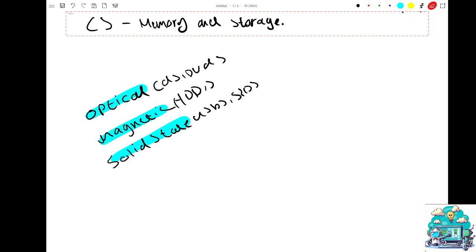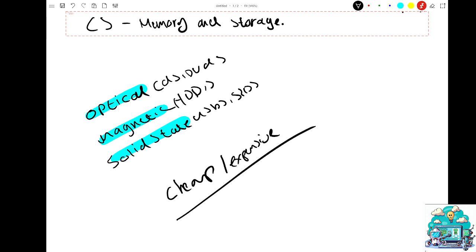Then we have hard drives, which are kind of like cheap to expensive. So they can come in large quantities but can be cheap to expensive. So basically mid-range.